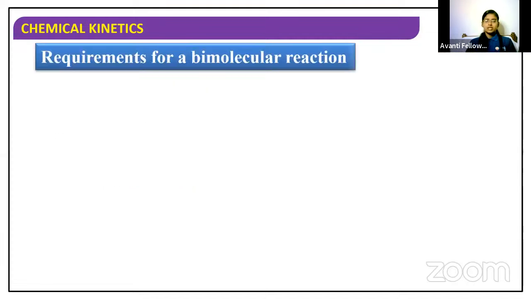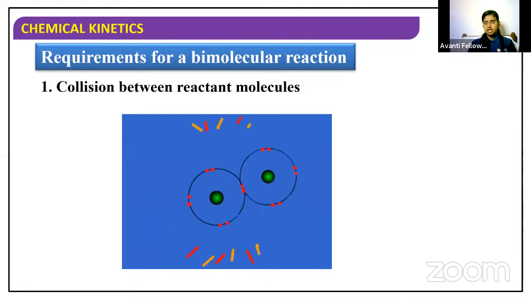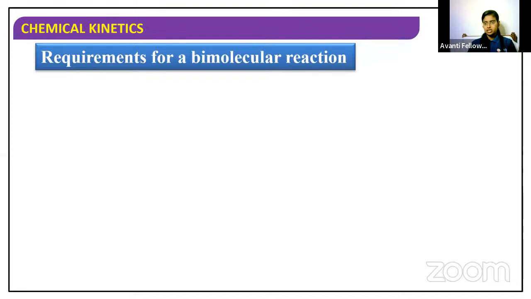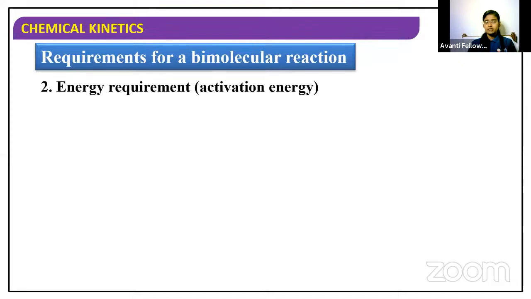Now we'll go with the requirements for a bimolecular reaction. If two molecules are reacting with each other, what are the requirements? First of all, the collision between the reactant molecules: they should come closer to each other and react with each other. The next is the energy requirement, which is called activation energy.